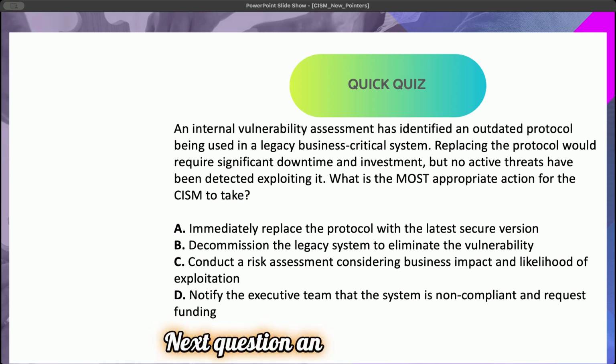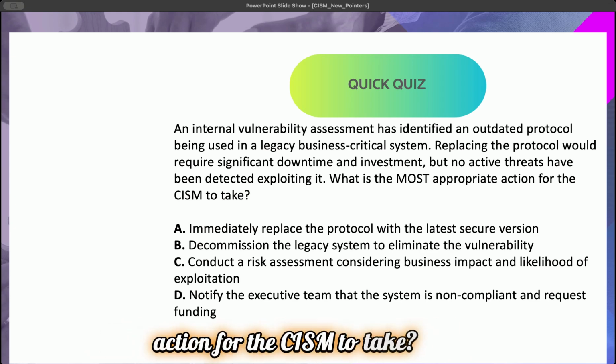Next question. An internal vulnerability assessment has identified an outdated protocol being used in a legacy business critical system. Replacing the protocol would require significant downtime and investment, but no active threats have been detected exploiting it. What is the most appropriate action for the CISM to take?